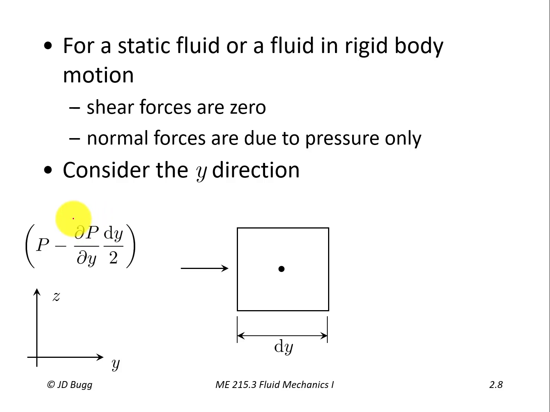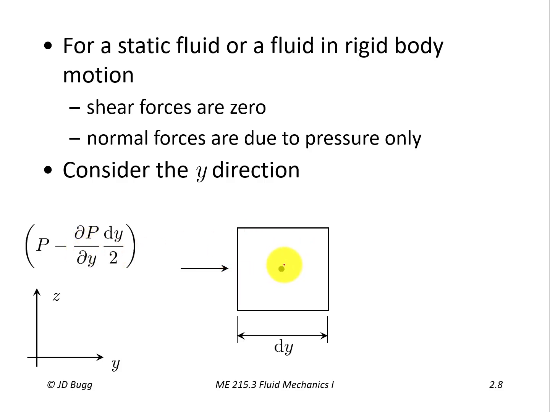Well, first of all, what do we see in here? There's two things in here. There's the rate of change of pressure with respect to y. So what does that tell us? Well, that tells us as we move in the y direction here, it doesn't matter which way we go, how is the pressure changing? So the rate of change of pressure in the y direction.